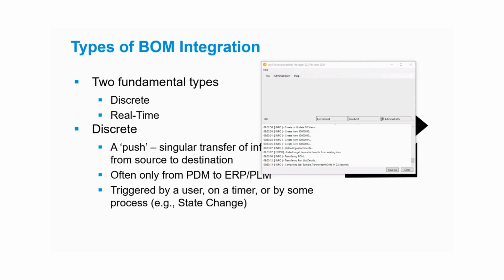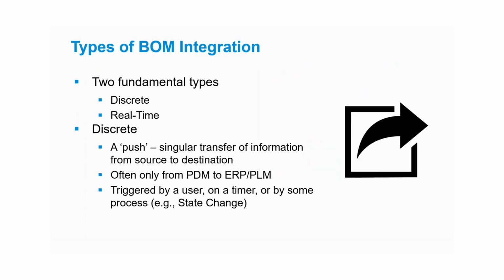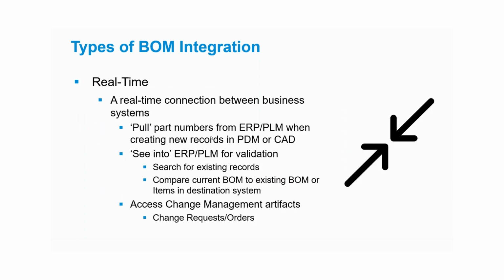Okay. Another question. Is it possible to have a hybrid discrete and real-time connection? Discrete for BOM updates, but real-time for part numbers pulling direct out of ERP? Absolutely. Now, if you have a real-time connection going on, a push is often just compare the BOMs and then push a button and it pushes, right? But a real-time connection doesn't have to be all of these things either.